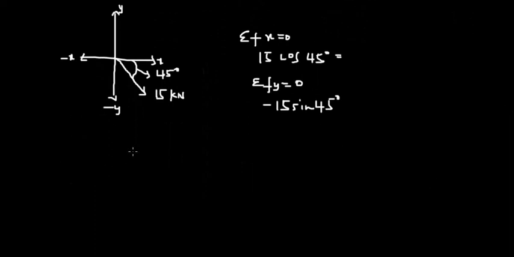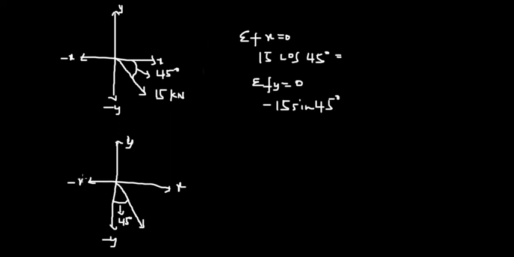Let's look at the other case scenario. So we have this, and then we have maybe this force, and we have this angle over here. Now this angle, let's say, is 45 degrees. We have a negative y, x, y, and negative x-axis.